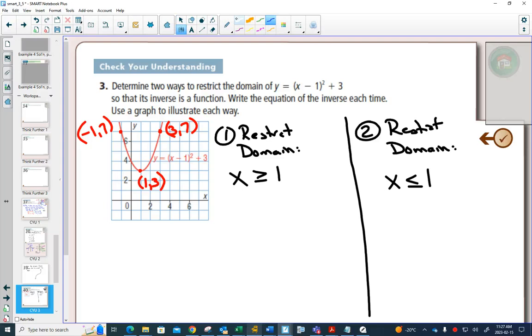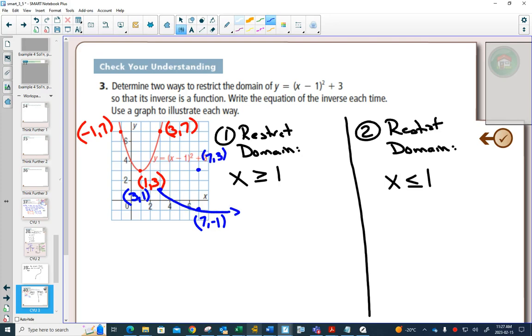Instead of 1, 3, can you see that you would have 3, 1? Instead of negative 1, 7, I would have 7, negative 1. And instead of 3, 7, I would have 7, 3.